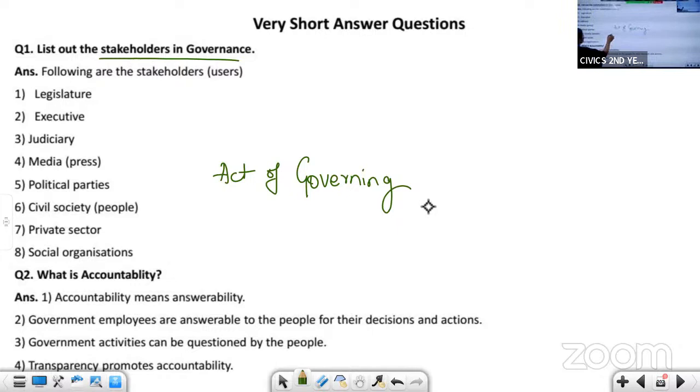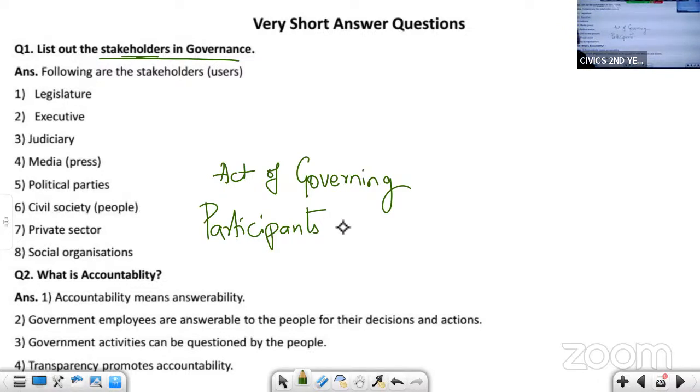So who are the stakeholders? What do you mean by the word stakeholders? Stakeholders means participants. Who are the participants in governing? Is it only a few body of people called government? Your ministers, are they the only participants in the governing?